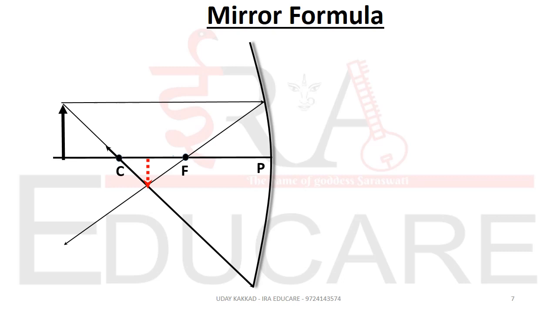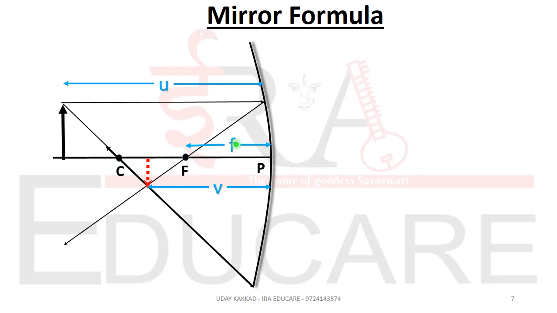Now let's take some variables. The distance from P to your object is considered as u, right? The distance between F and P is considered as f, which is called the focal length.